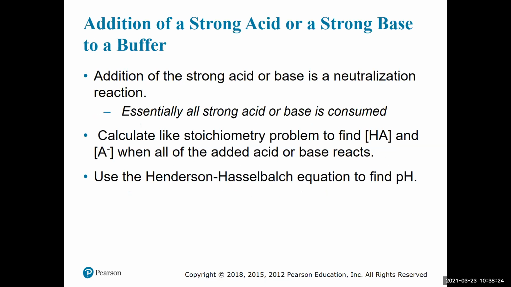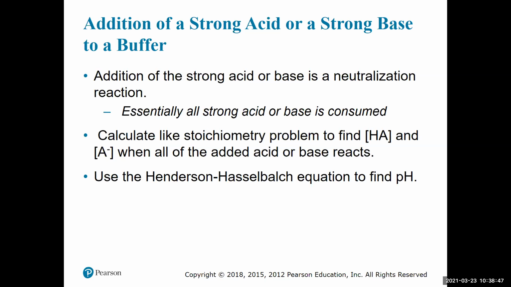So if you have a buffer system and then either a strong acid or strong base is added to that buffer, you're going to get neutralization of the acid or base. The way to think of that is that the strong acid or strong base gets put into the buffer system, and then it's going to get consumed.